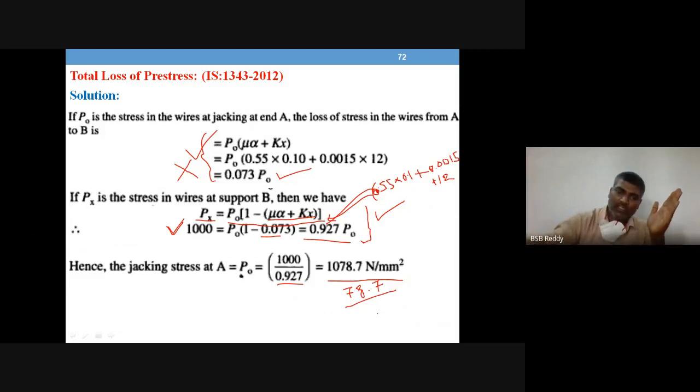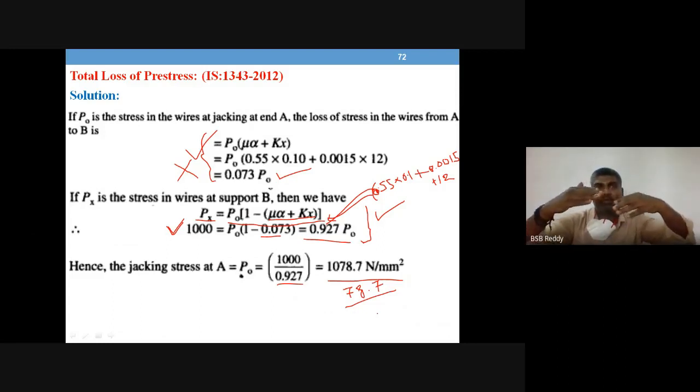When it goes to the other end, means because of the friction from jacking, because when jacking is going on, the jack is going to pull the tendon. So each and every point on the tendon is going to have frictional resistance from the concrete or the duct material.